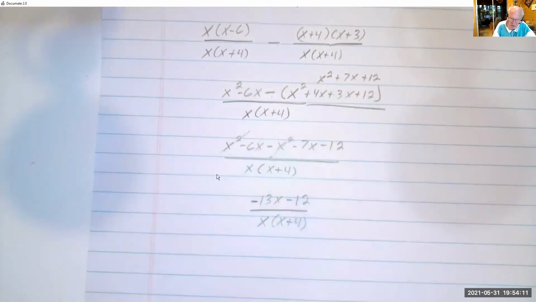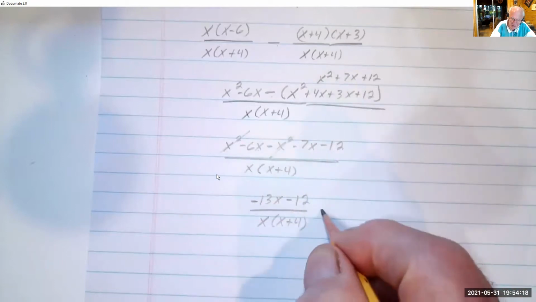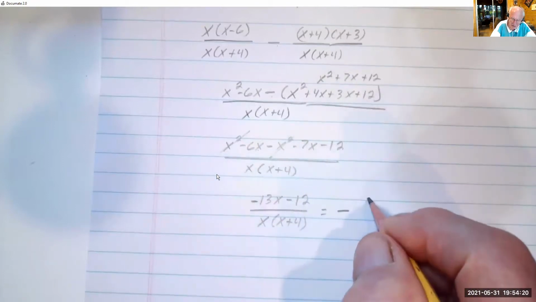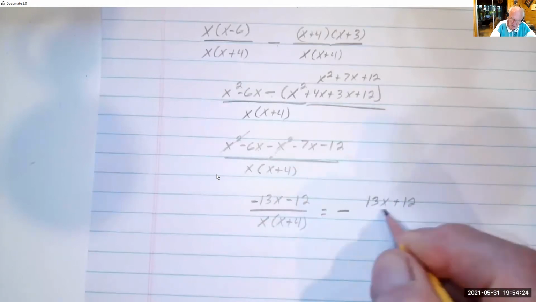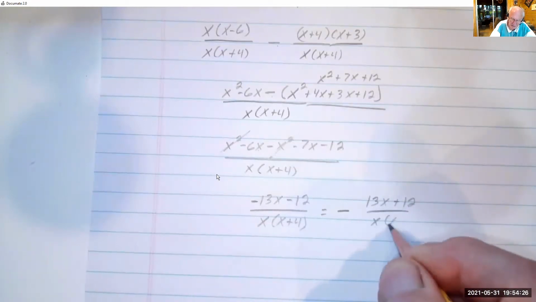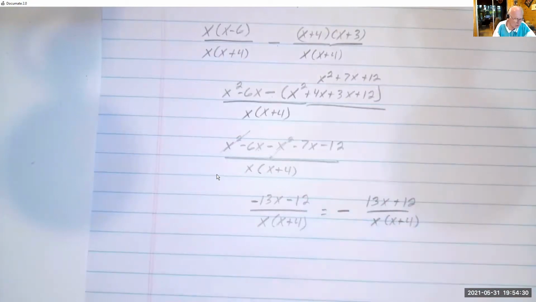There's not much I can do with that. It doesn't reduce. The only thing, if you wanted to, you can extract the minus sign from the numerator and say it's minus. The numerator would become 13x plus 12 all over x times x plus 4. Either way is correct. I'm just showing you a variation of the answer.